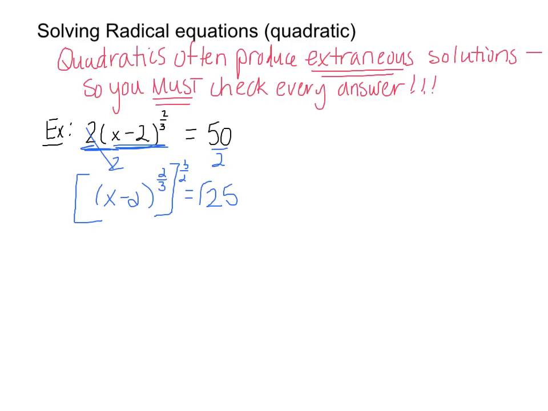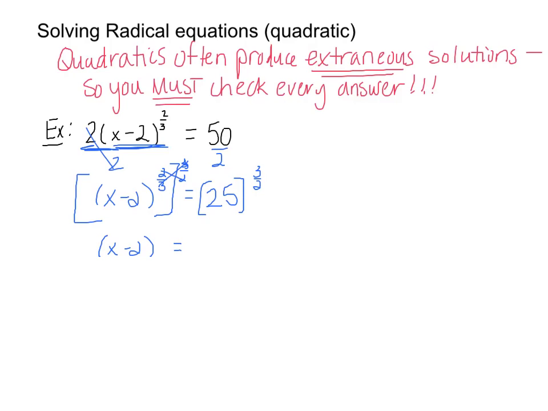So we're going to raise both sides to the power of 3/2. 2/3 times 3/2 is 6/6, which is just 1. So these cancel, and we end up with x minus 2 equals 25 to the 3/2 power.